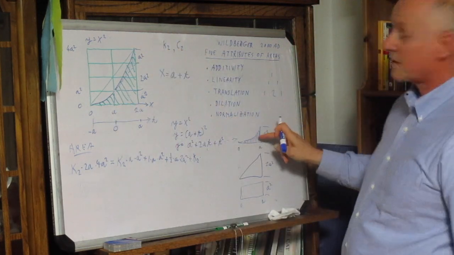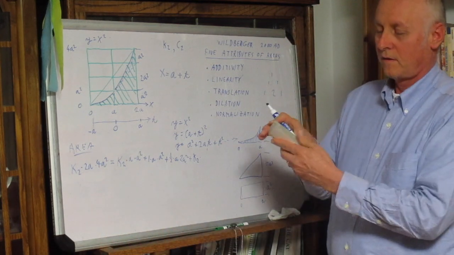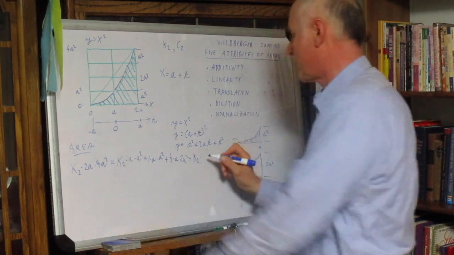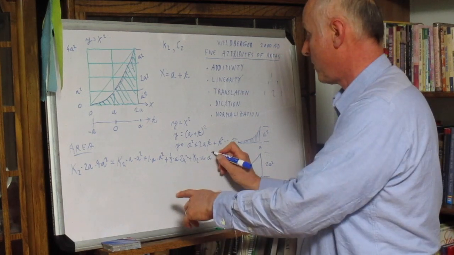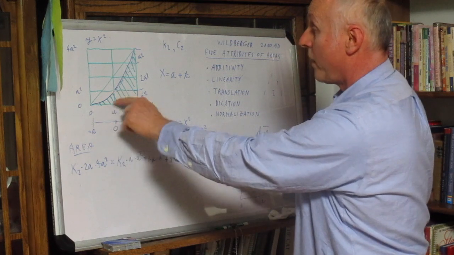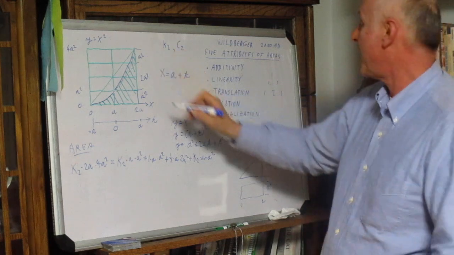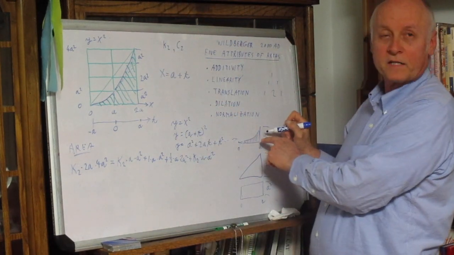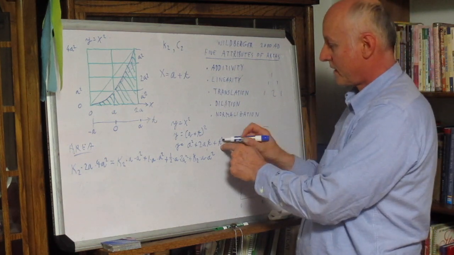This and this are the same thing by Cavalieri's principle. Right? That's what we have. So K2 times A squared. Same thing as this one. This little wedge and this wedge here, they are one and the same, especially if you downshift it using Cavalieri's principle. Okay? And that comes from here.